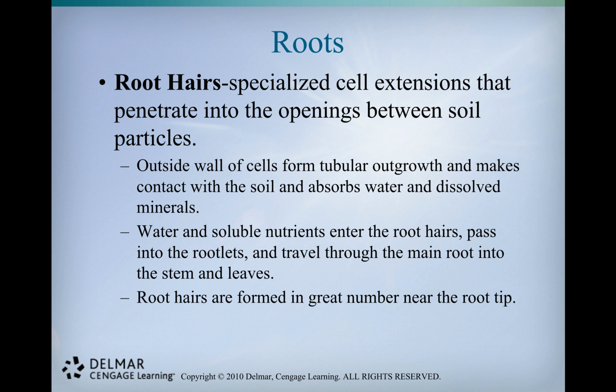And those are just two examples of the adventitious roots. Okay, root hairs. Specialized cell extensions that can penetrate into the openings between soil particles. These are the main things that then help actually get the water or dissolved nutrients inside of the plant. They get them inside of the plant.